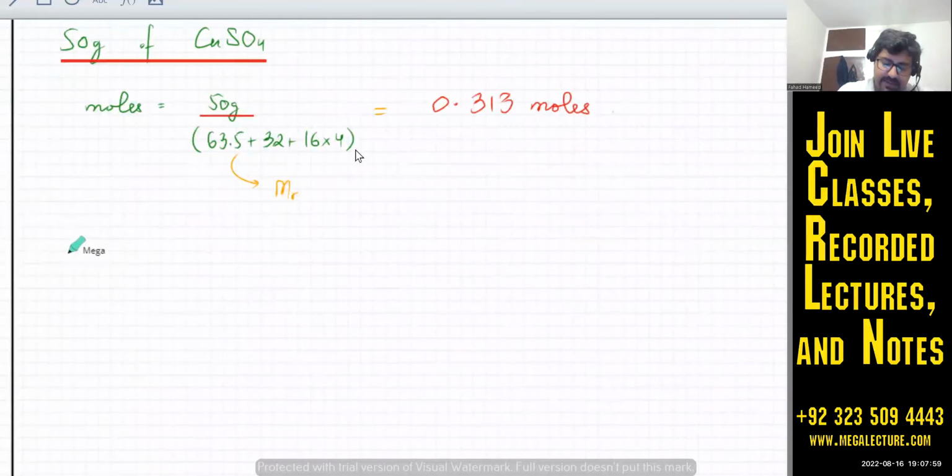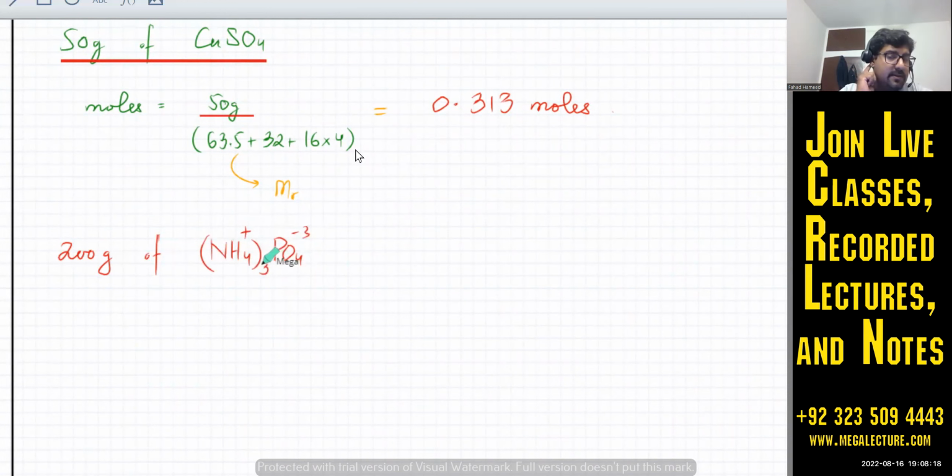Okay, let's say I've got 200 grams of ammonium phosphate. Now ammonium is NH4 and it's +1, and phosphate is PO4 and it's -3. So if I do crisscross, it's going to be 3 ammoniums, right? That's what the formula is going to be.